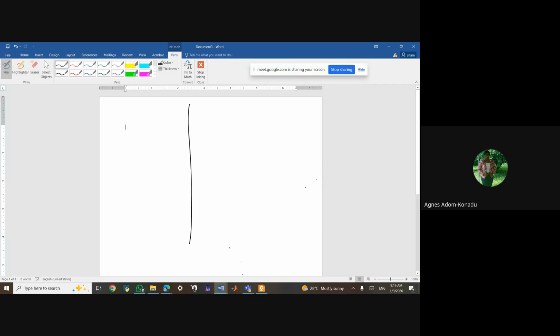Okay, so I have my XY plane. Then I have -2 here, and maybe -1 here. We are told that it has vertex (-2, -1). The vertex is the same as the turning point. So this graph will look like this.